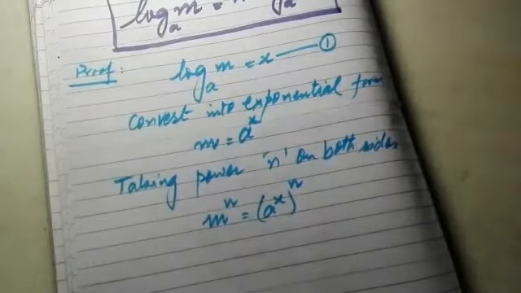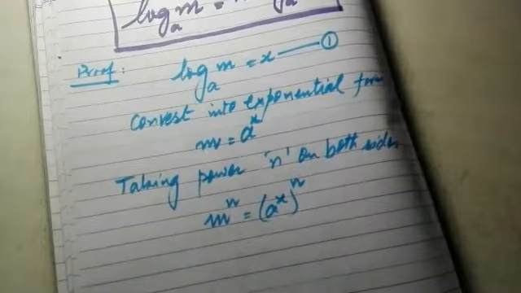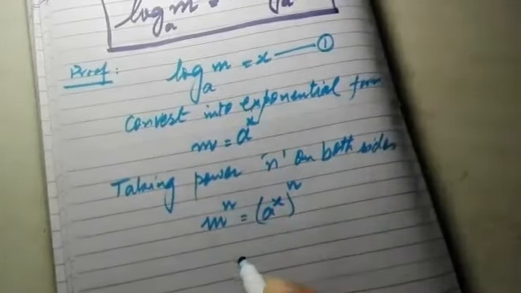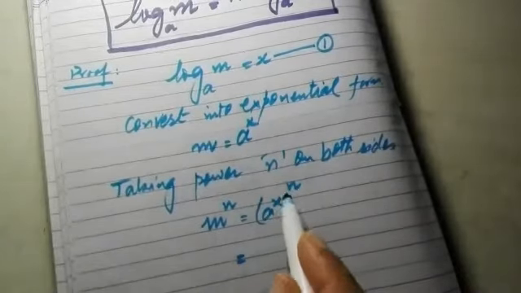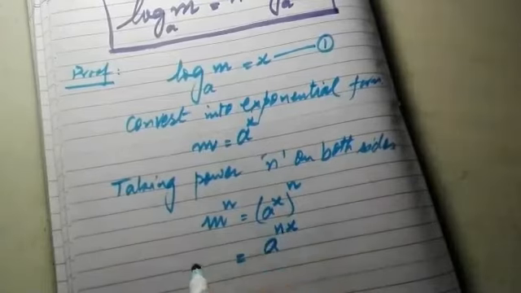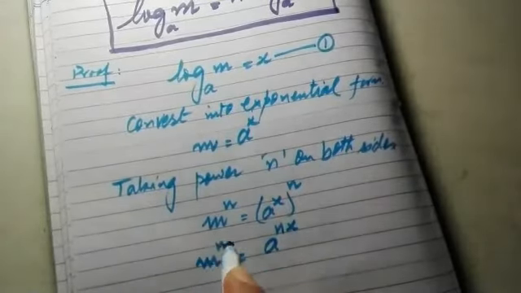This was important because we have to prove it, so that's why we apply the power n on both sides. Now both powers will be multiplied. It will become a raised to power nx and m raised to power n.